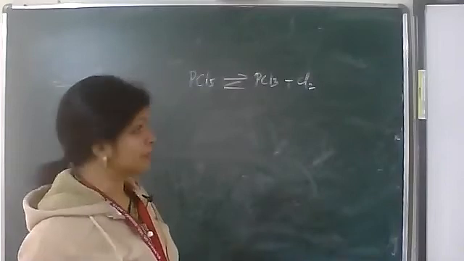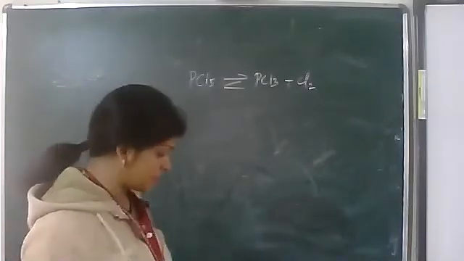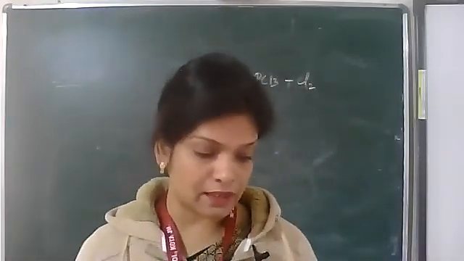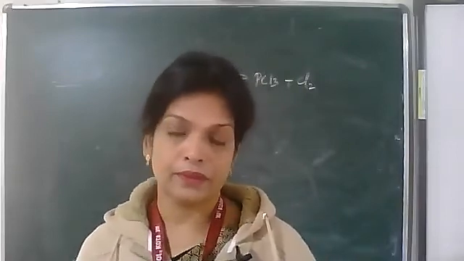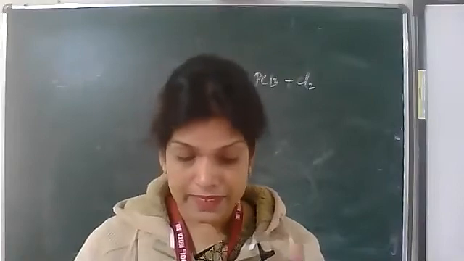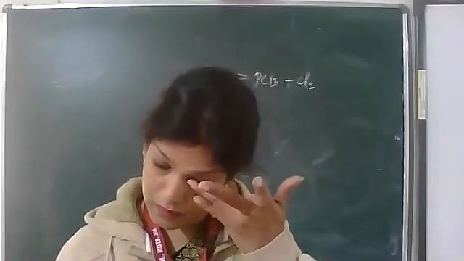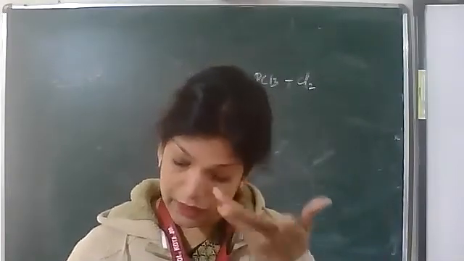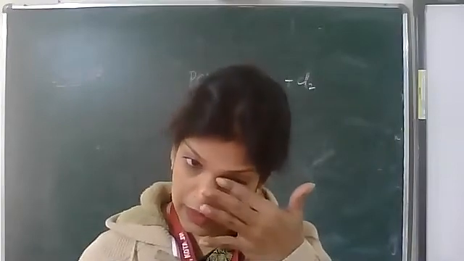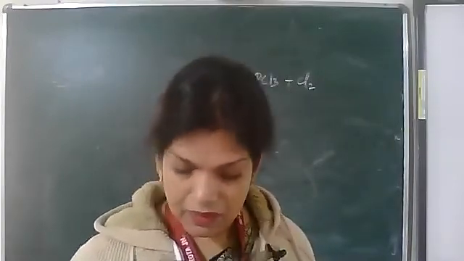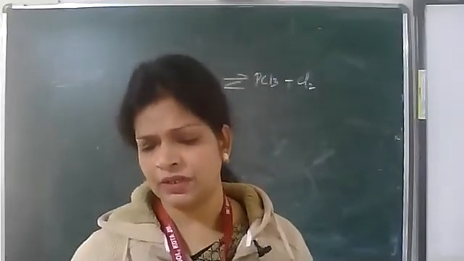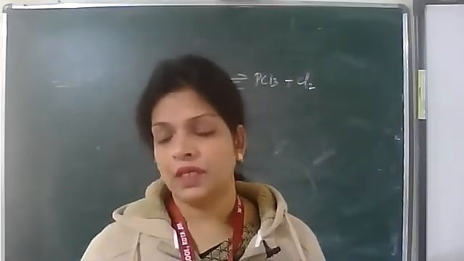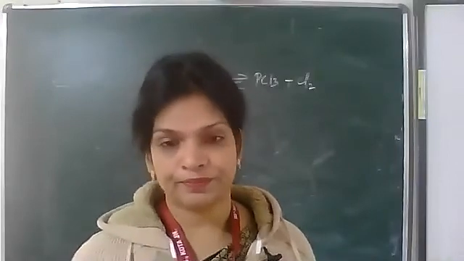Suppose they are giving the question. Write down: 3 moles of PCl5 kept in a 1 liter closed vessel was allowed to attain equilibrium at 380 Kelvin.